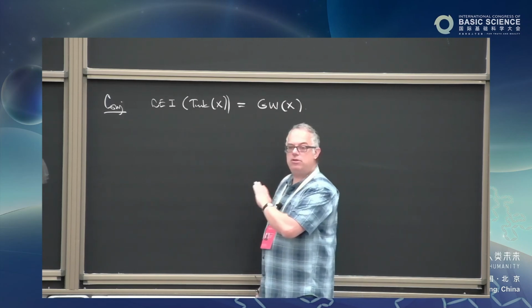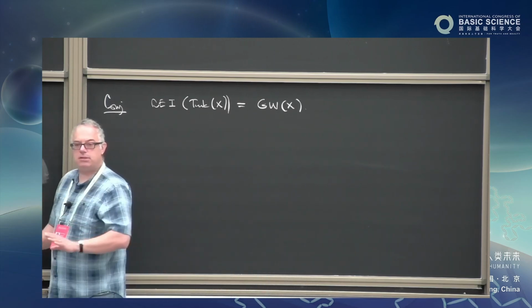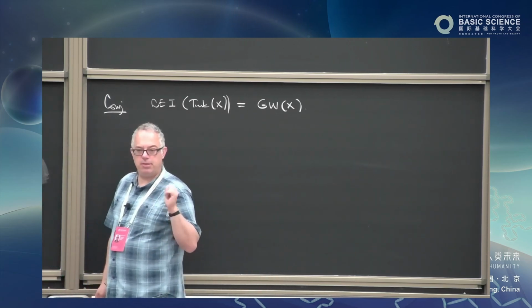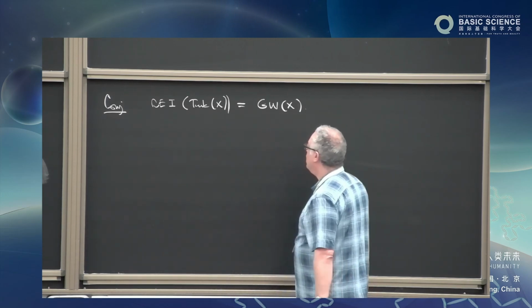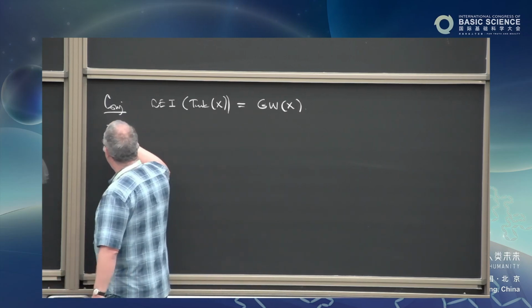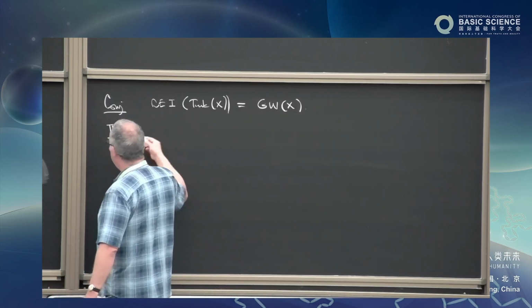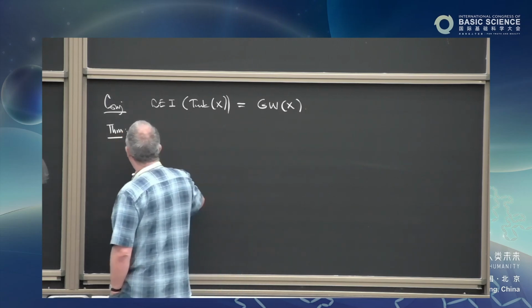This is definitely not tautological. So we define some invariants, but it's not at all clear that they are. I mean, they are definitely intended to be that. And for this, we have some theorems, but the answer is far from known.